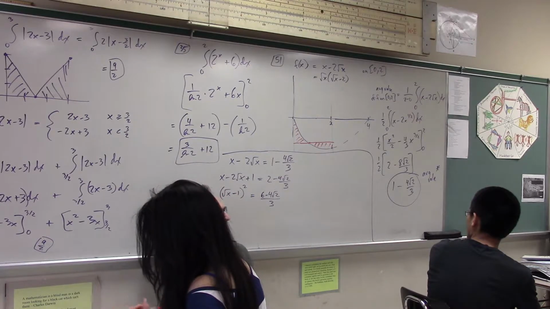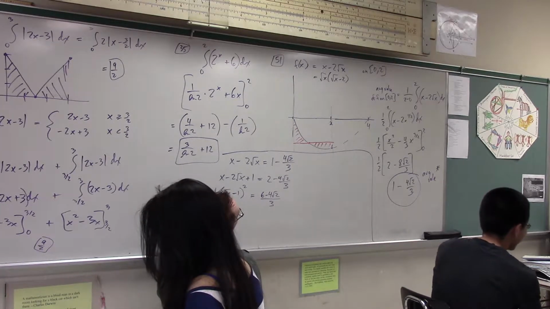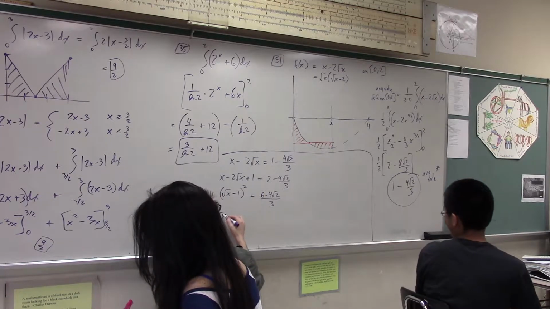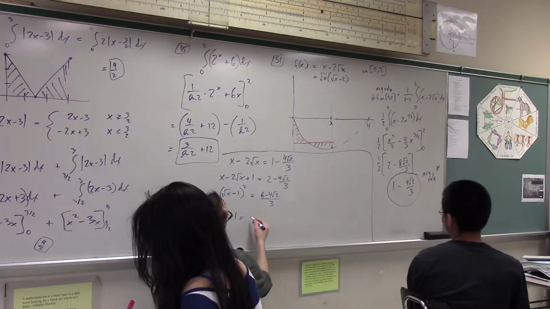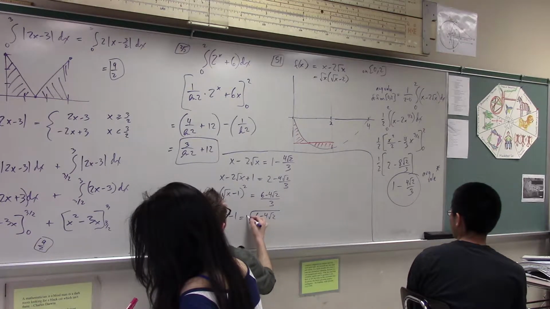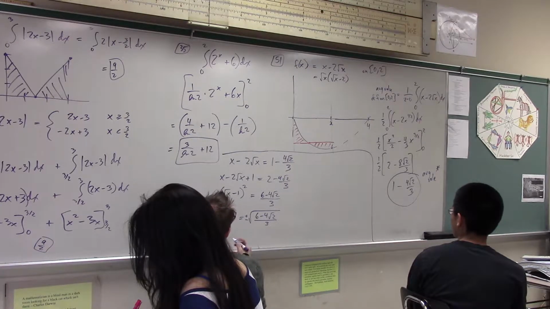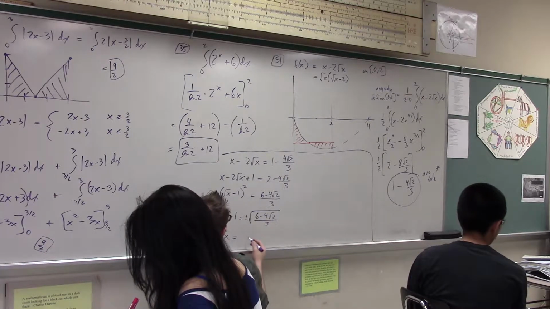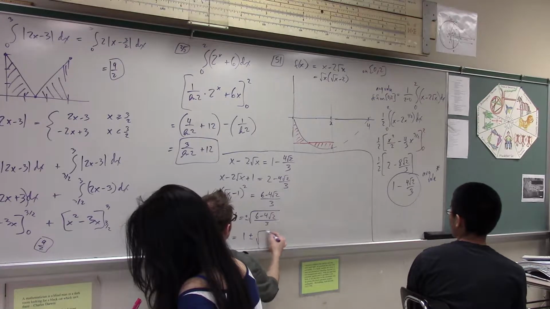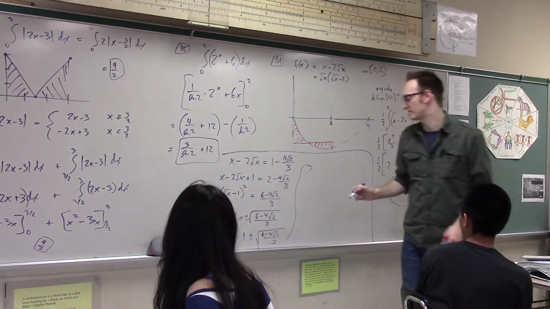Now I take the square root of both sides, believe it or not. So root x minus 1 is the root of that, plus or minus probably, but one of them may get ignored because it's not on the interval. So we finally get that root x is 1 plus or minus root 6 minus 4 root 2 over 3. And then you square it.